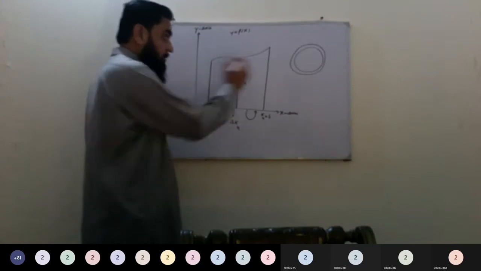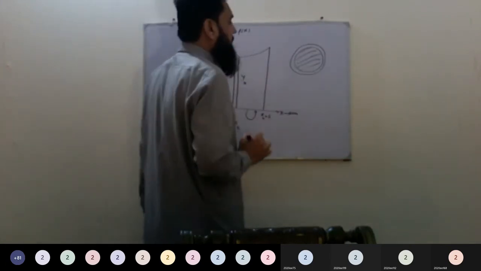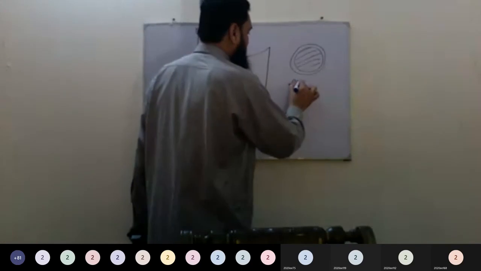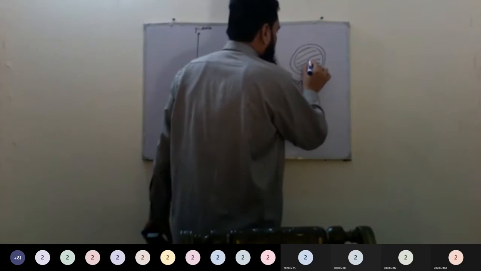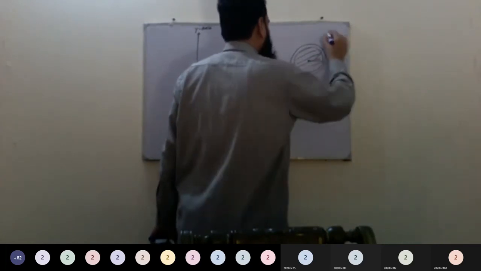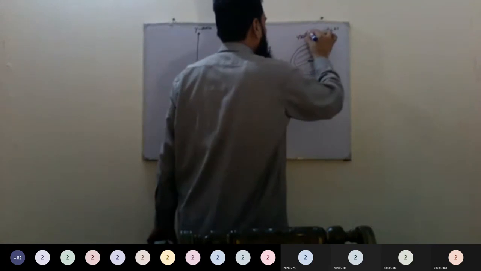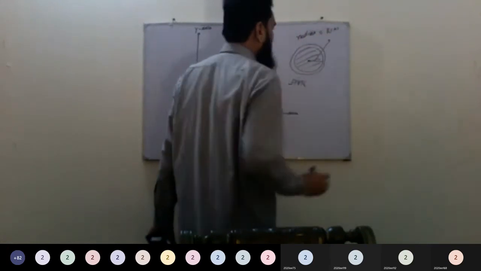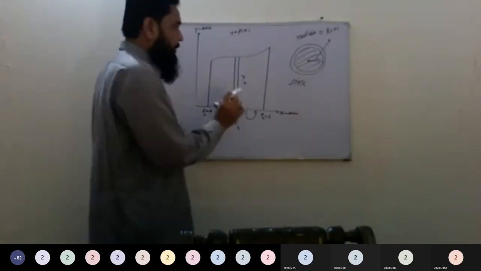Since it's a solid thing, there is no gap in between. We are talking about this whole thing, and this is why it is known as a disk. What are the important components? One of the most important components is the radius. If you label the radius as r of x, it's a circular object, but there is also going to be a width.